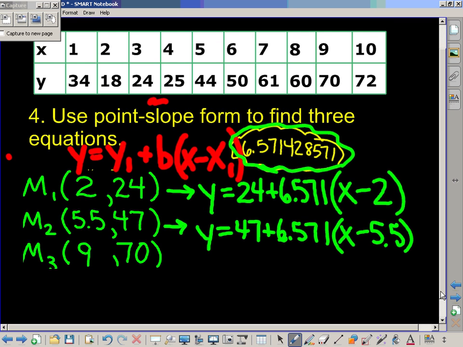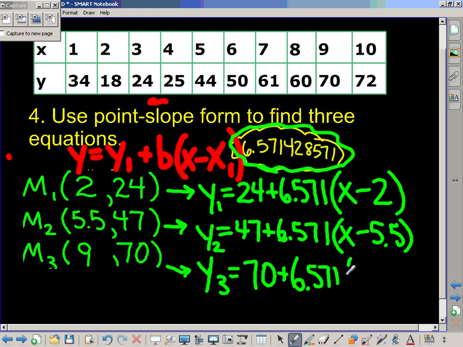And then finally, our y3 is going to take the y value 70 plus 6.571 times x minus its x. 3 equations, all with different points being used, but all using the same slope.